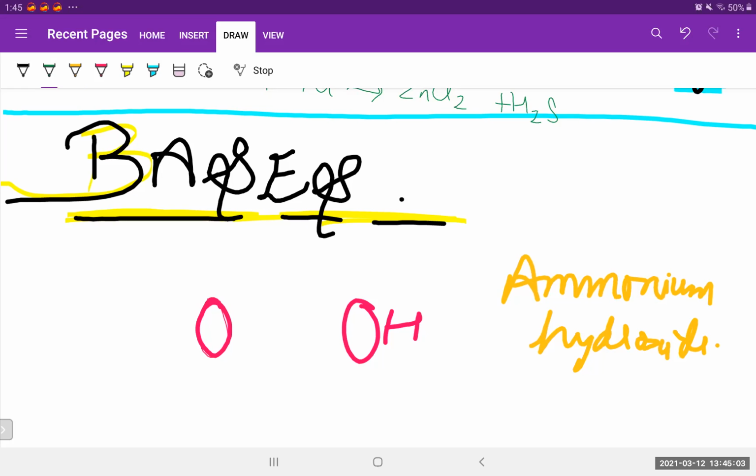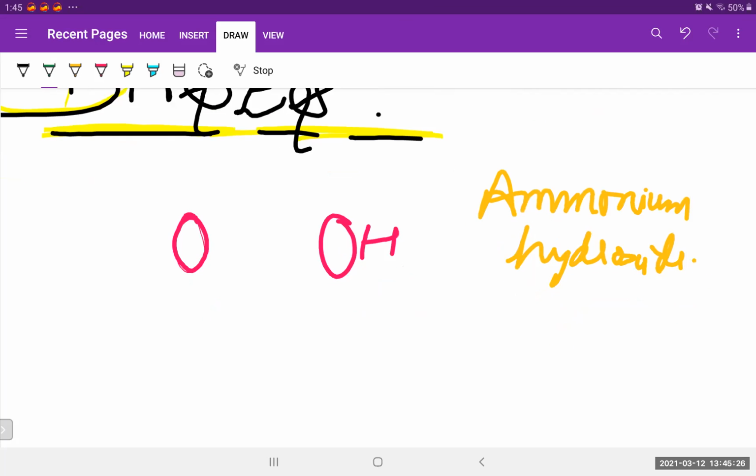I've already told you in the previous lecture that ammonium is not NH3, it's actually NH4, right? So NH4OH is ammonium hydroxide. Now it reacts with hydronium ions of an acid to give salt and water only.